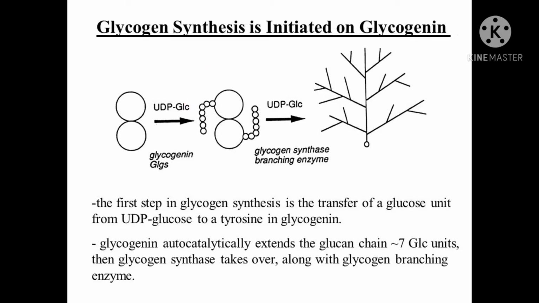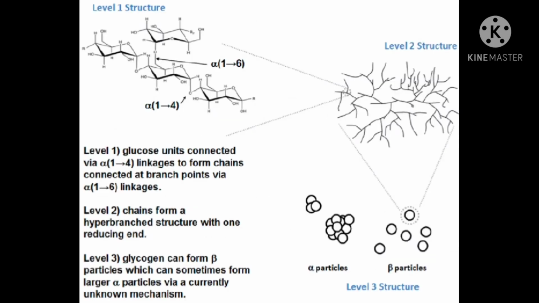Okay, this catalytic process continues up to 7 glucose units. Thereafter, two enzymes, mainly glycogen synthase enzyme and a branching enzyme, take over this role of glycogenin and start synthesizing the glycogen molecule.